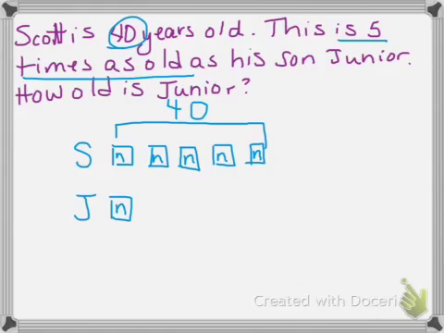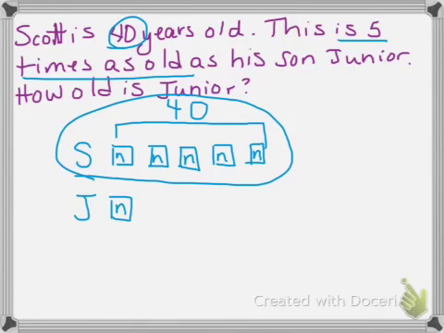So I represented the squares with the letter N because I'm not sure how old Junior is, but I know how old Scott is. So now this is a division problem. It could be division or multiplication, but I know that Scott is 5 times as old. So I could say 5 times some number, which in this case I put N, equals 40.